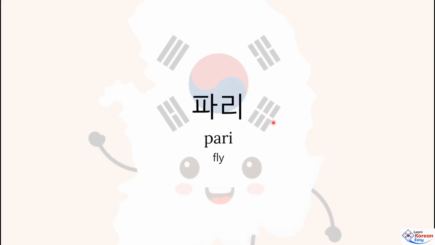Next one. Fly is 파리. Okay? 파리 is fly. Next one. Ant. 개미. 개미. Ant.